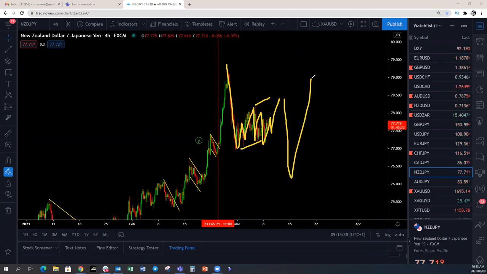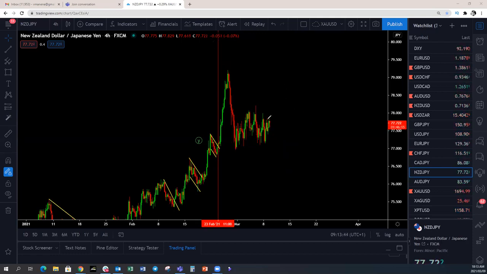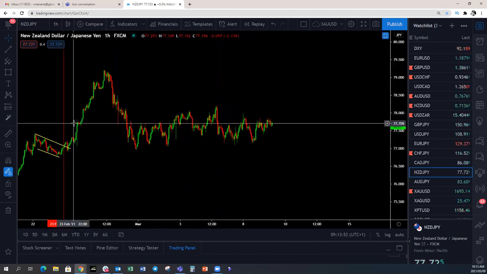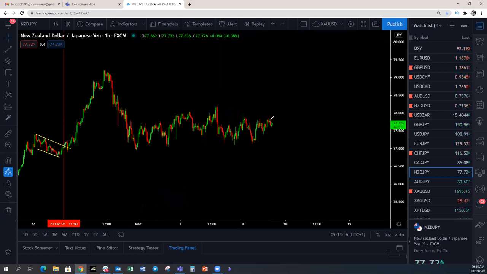Before we get here and then upside. So let's see, currently we're getting confirmation for continuation to the upside. I'll look at it on the 4 hours. It's not necessarily a trade, it's just a clear continuation pattern. Making another one, we're gonna see a further upside there on New Zealand.